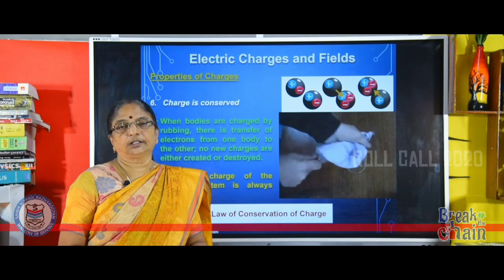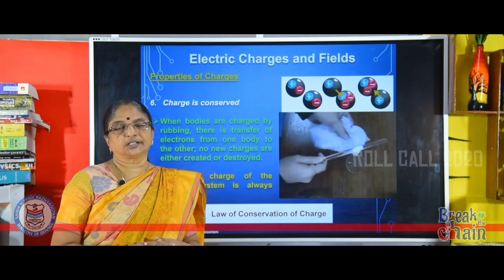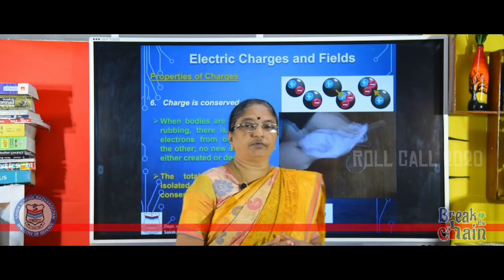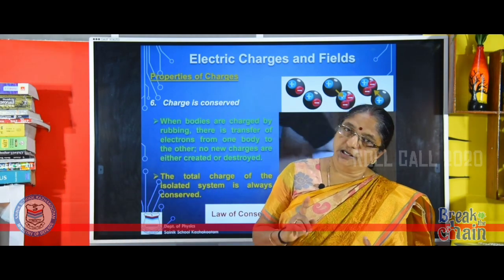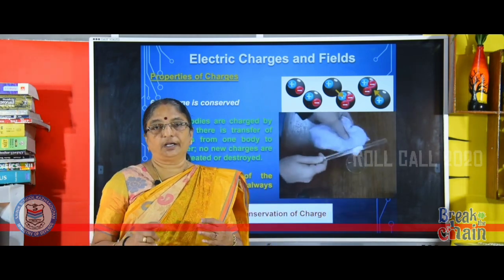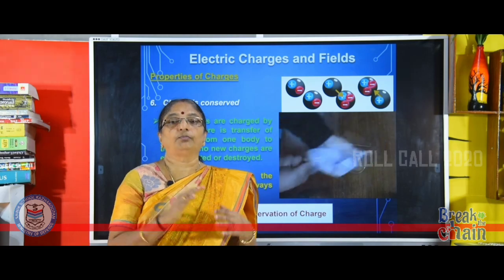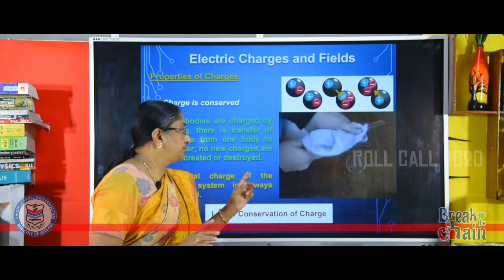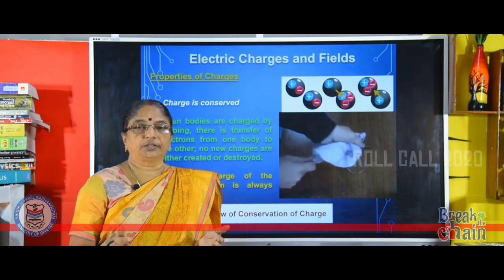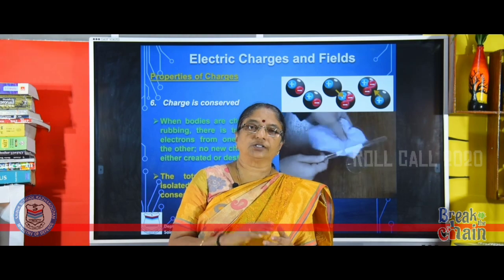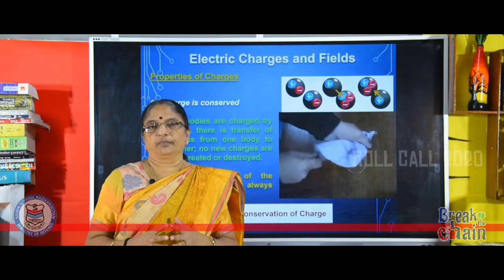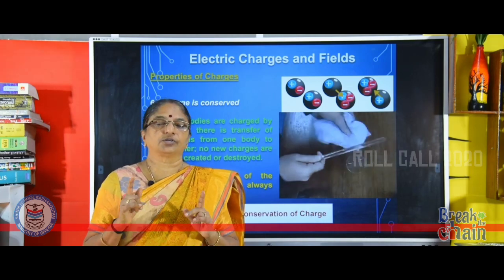Now, another important property: charge is conserved. You are aware of the law of conservation of energy. That means energy can neither be created nor destroyed, but it can be transformed from one form to another. Like that, charge is conserved. For example, taking the same example, when a glass rod is rubbed with silk, the glass and the silk form a single system and the total charge on the system is constant.